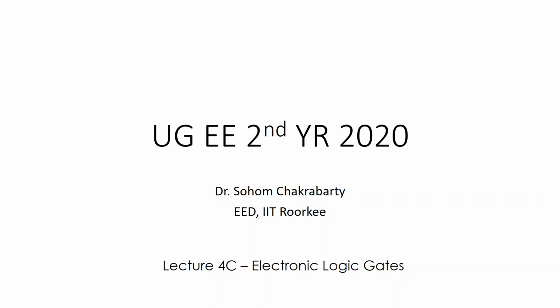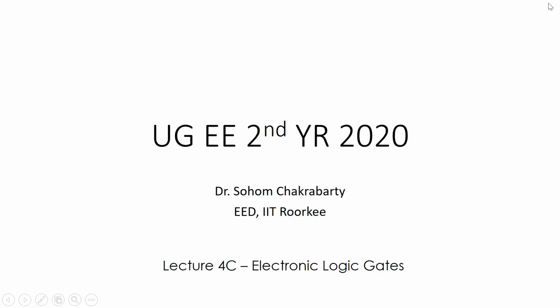So that understanding was at the abstract level, and in this lecture we would try to see how that abstraction can be physically realized. There are several ways of realizing that abstract concept of gates.